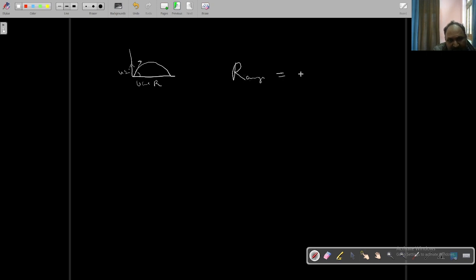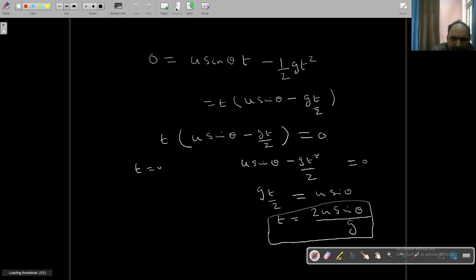Range is equal to u cos theta into time of flight. This distance will be covered during the whole flight, so u cos theta into 2u sin theta by g. This was the time, right? You can verify that from the equation for time of flight.